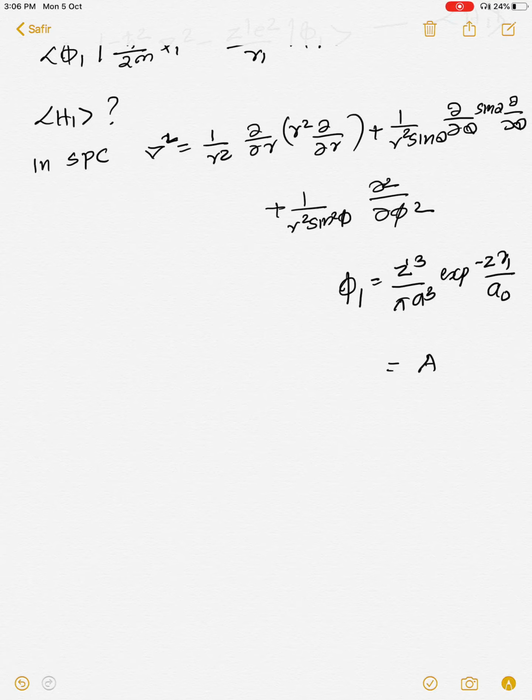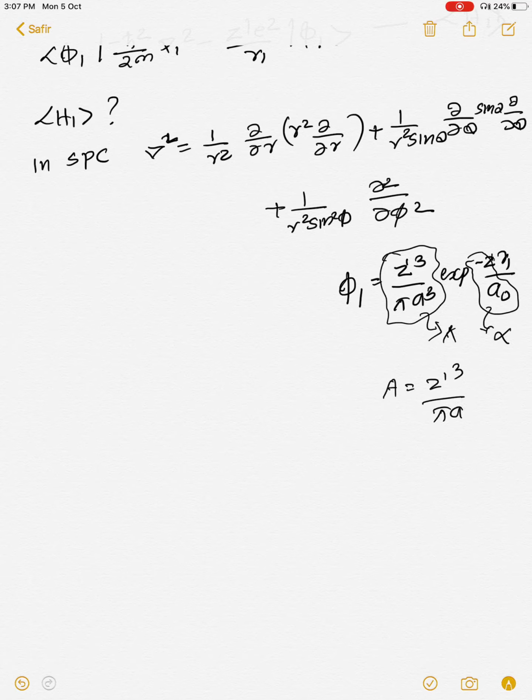I call it A, so A is equal to z prime cube by pi a0 cube, and z prime by a0 I put as alpha.